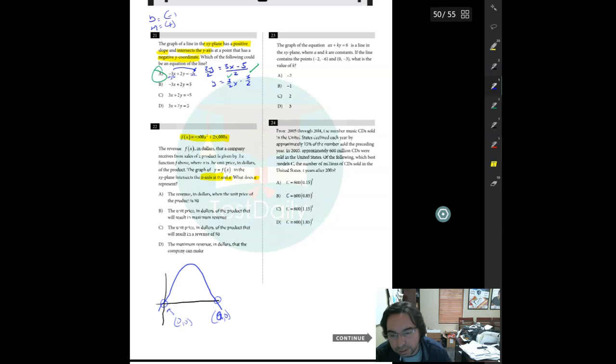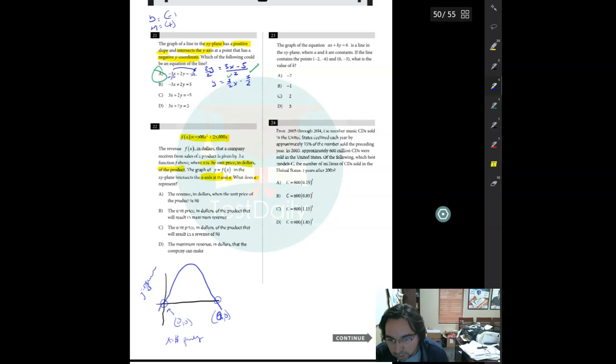So looking at this, we know that the revenue in dollars that a company receives, so we know that y equals the revenue in dollars, and the x is the unit price in dollars of the product. We see that being indicated here. So as we write that down, x is price for the product.